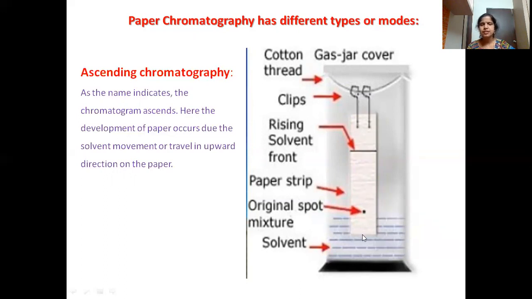When it is rising up, the solvent will come in contact with the sample. When it comes in contact with the sample, it interacts with the sample, and the components which are present in that sample will get separated based on the partition or adsorption principle.